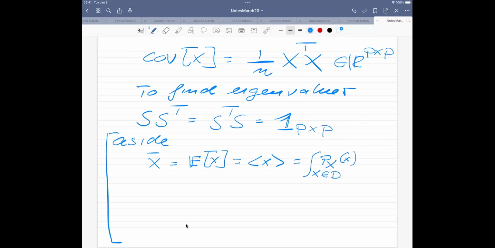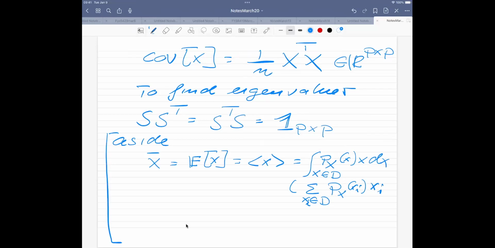This is a lowercase x. And then we have the variable x times p of x dx. Alternatively, if we have a discrete probability, then we would have a sum over all the x in a domain. We have this probability, p of x_i, multiplied with x_i. Now, in our case, we don't have the distribution.